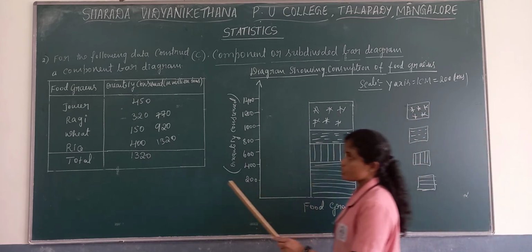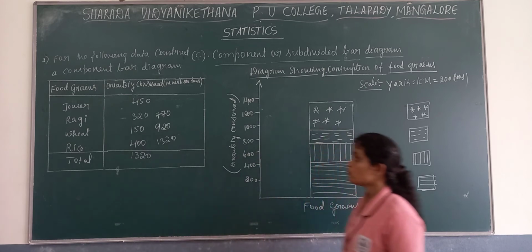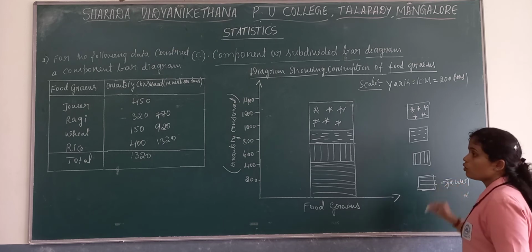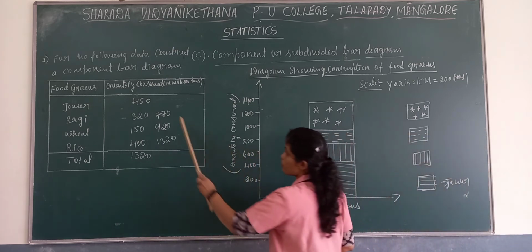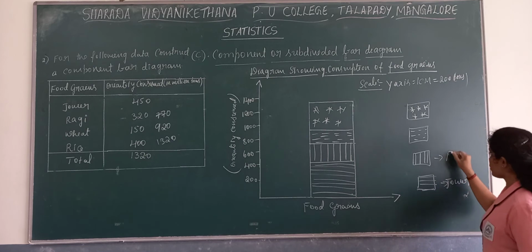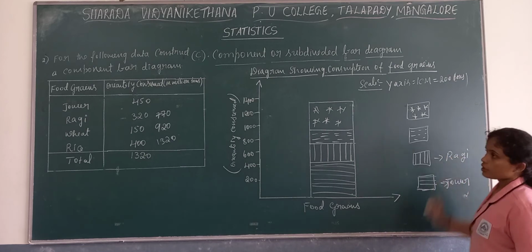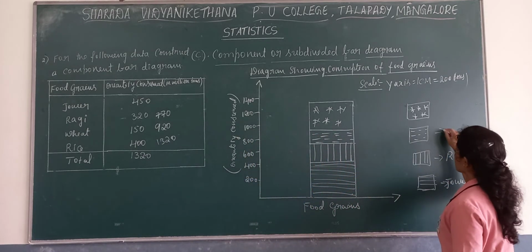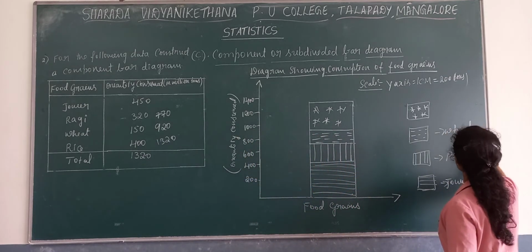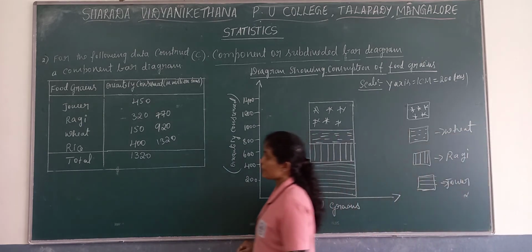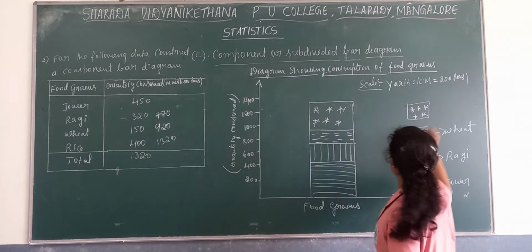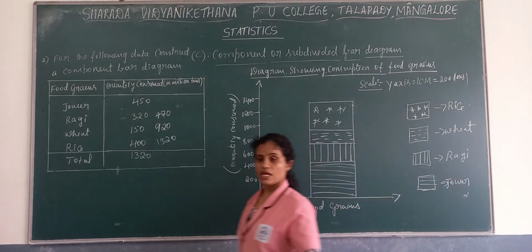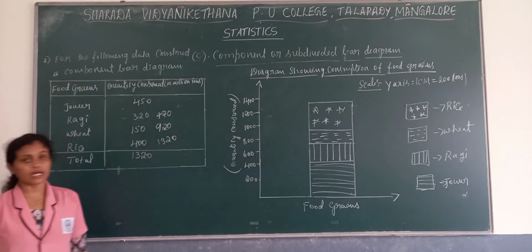We started with jowar 450, this is the first one. Next comes ragi, that is 320. Next it is wheat, 150. And lastly we represented rice, 400.